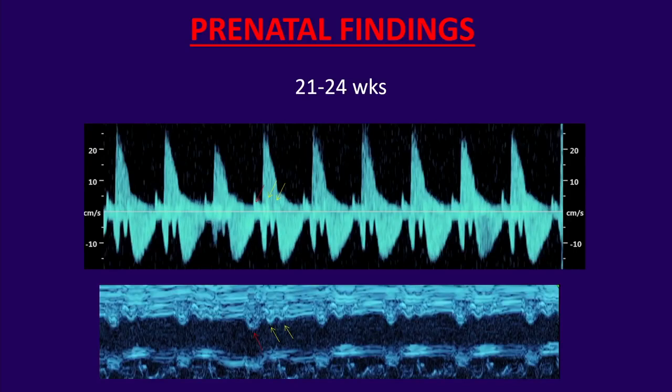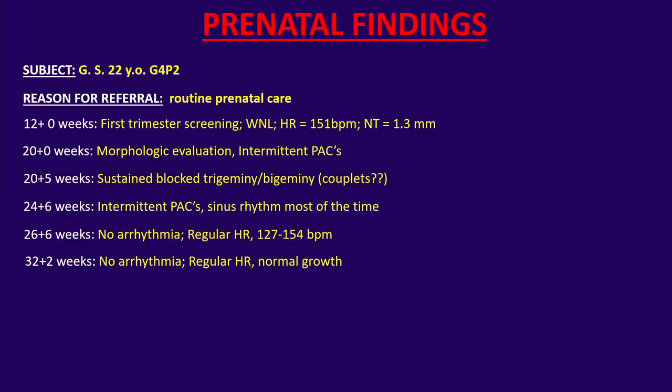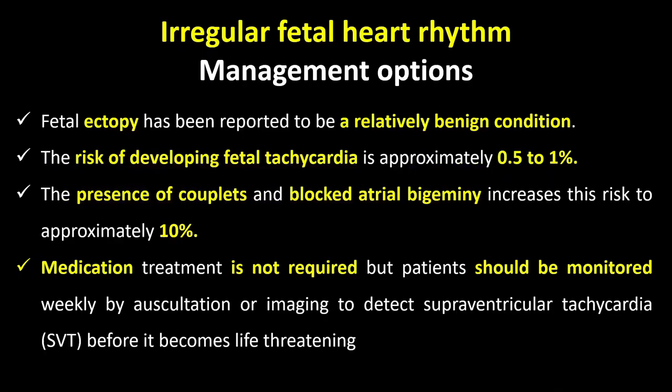It was sustained between 21 and 24 weeks gestation, and then by 27 weeks gestation it magically resolved without any therapy or anything being done. This is the course of that pregnancy, and then the patient delivered, and a few hours after birth that fetus had SVT and was diagnosed with WPW syndrome.